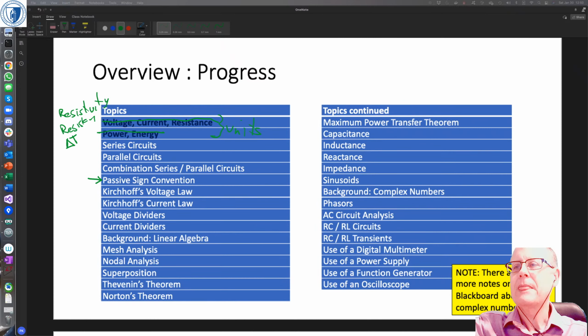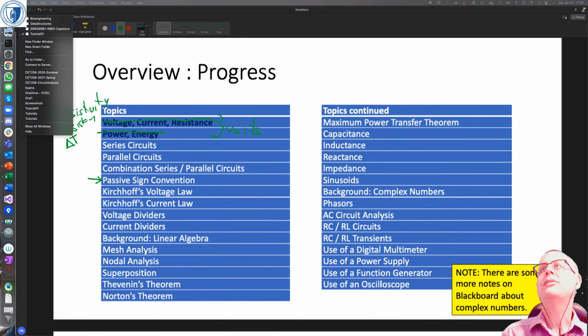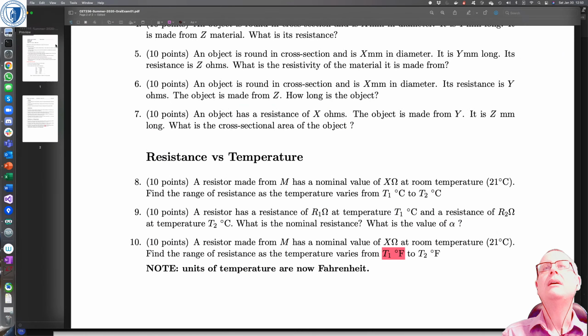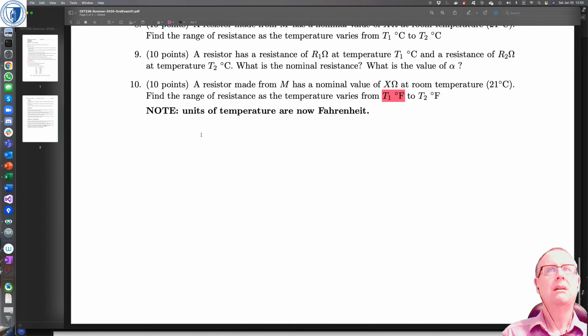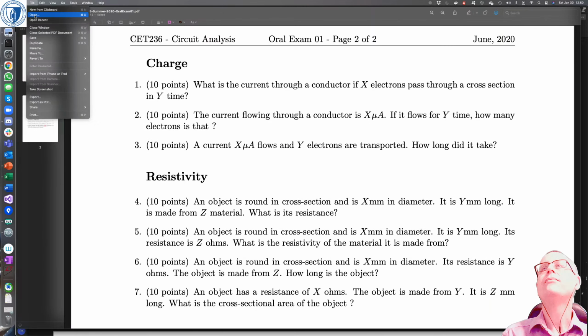I think you'll find, in fact, let me just see if I can find that sample exam again. It must be the second midterm. Let me see if I can find the second midterm.